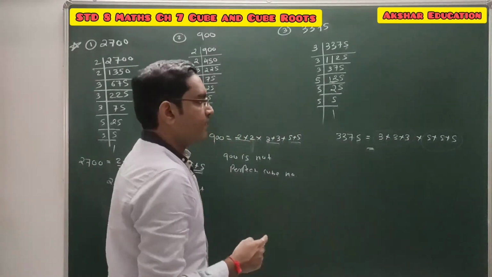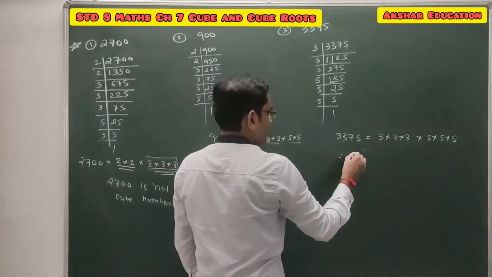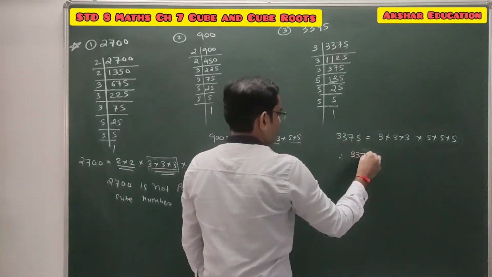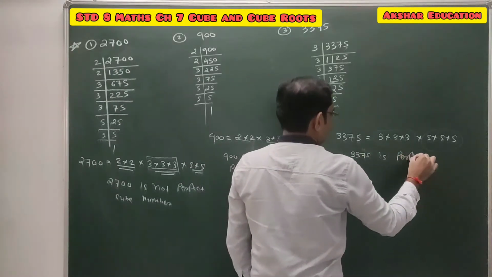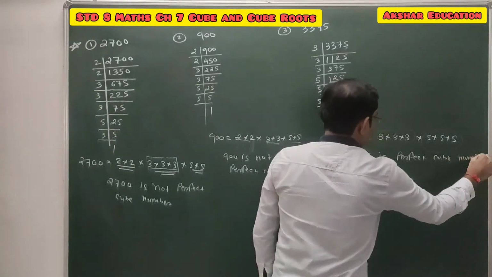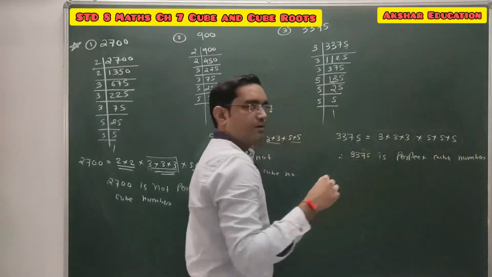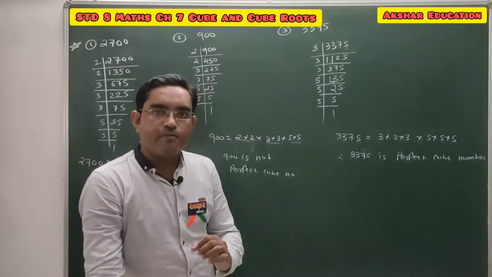Yes, so all the factors are in groups of 3, and therefore the given number 3375 is a perfect cube number. Understood, students, how to check whether the given number is a perfect cube or not?